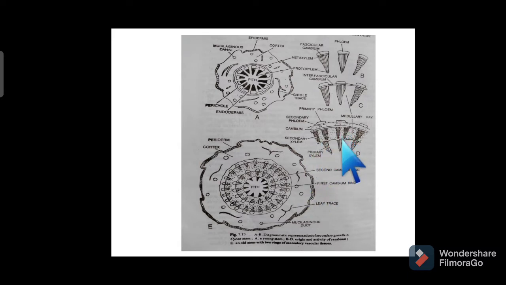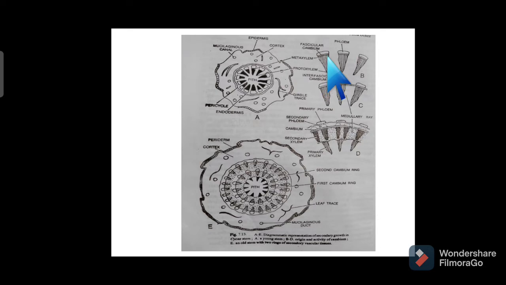Now secondary growth begins early in the young stem of Cycas, and at first it occurs in the same manner as in the case of dicotyledonous stem. So the cambium which is present in this vascular bundle, you see here, this is the metaxylem and this is the phloem.